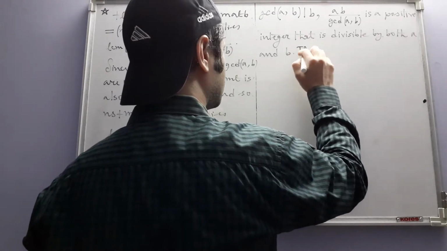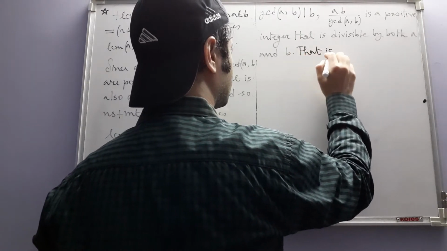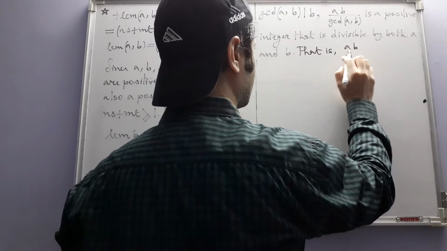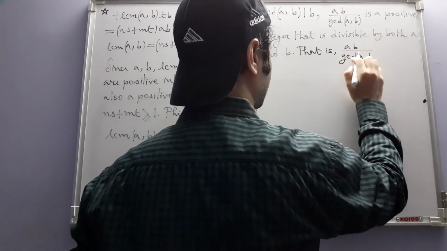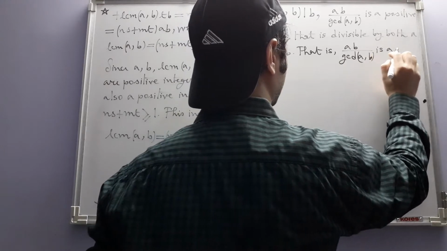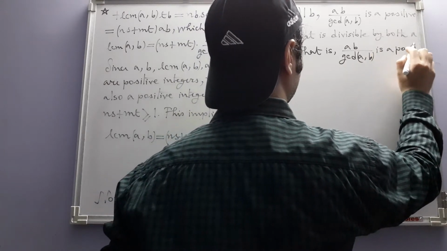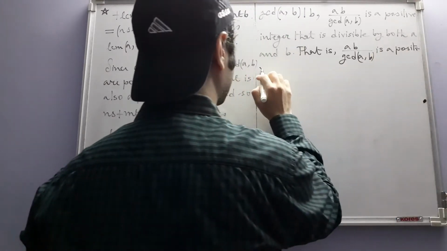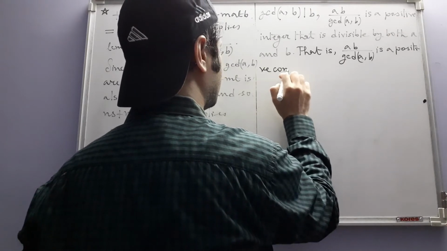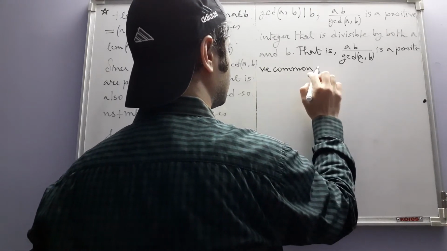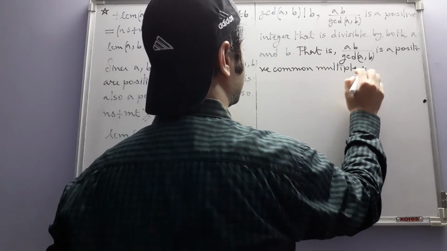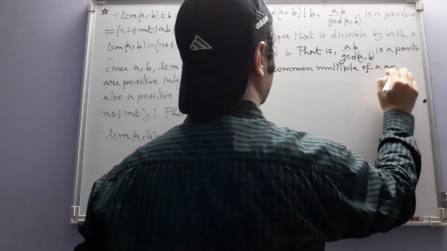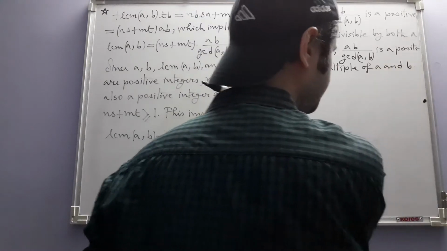That is, this is a positive common multiple of a and b.